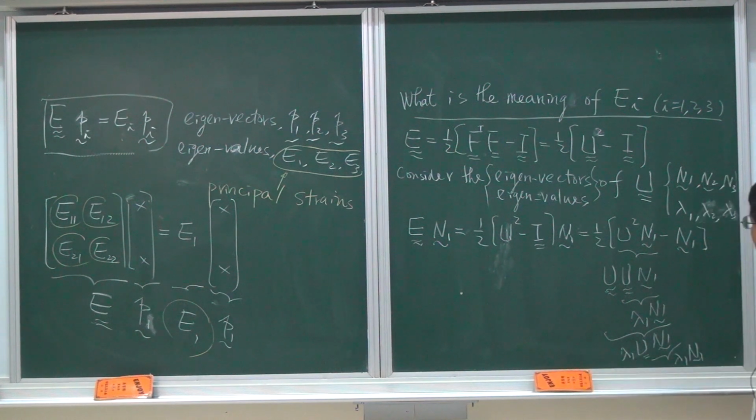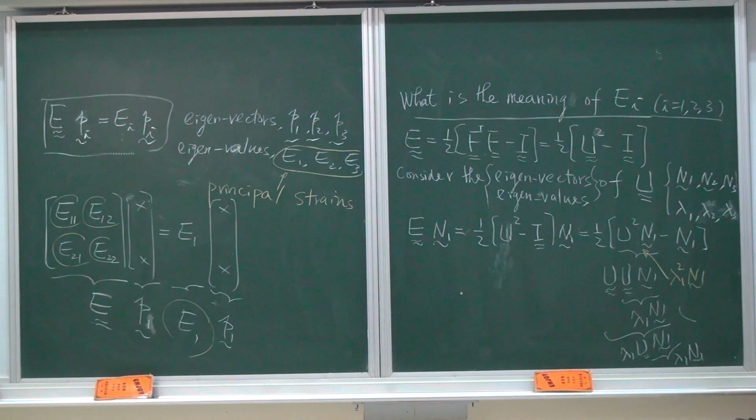So as a result, this term just equals what? Lambda 1 square N1. Okay, this is the mathematical calculation here, and then please copy it down, and then I erase it.